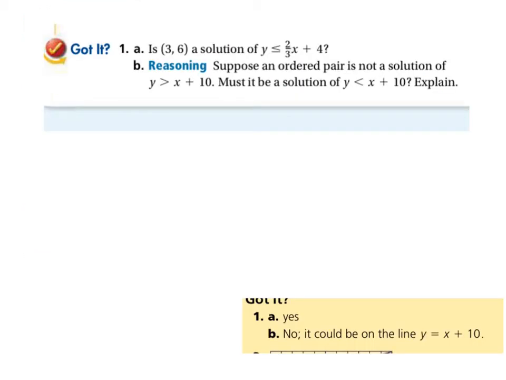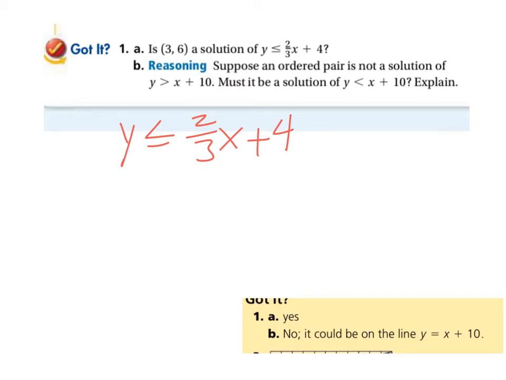Okay, so let's do one of these for ourselves here. Is this a solution of this? So we're going to take y is less than or equal to 2/3 x plus 4, and we are going to plug in our 6 and our 3.